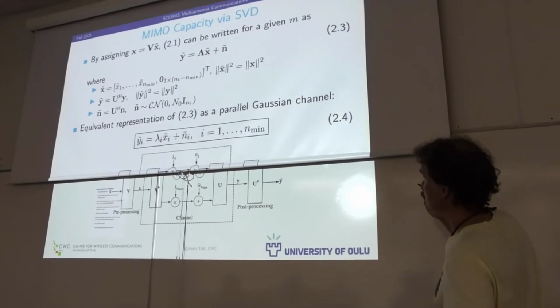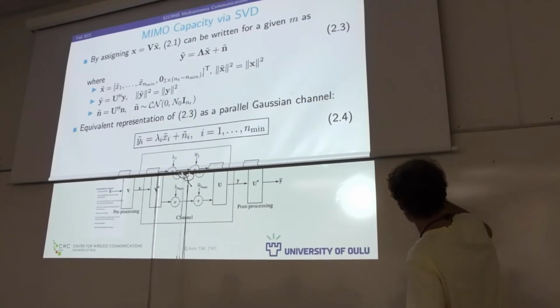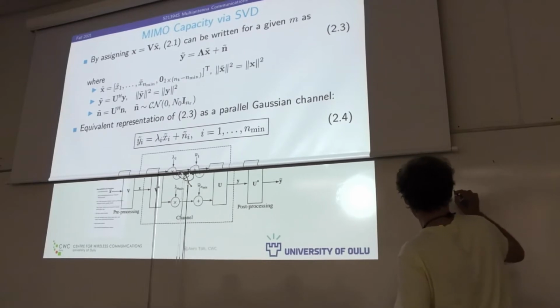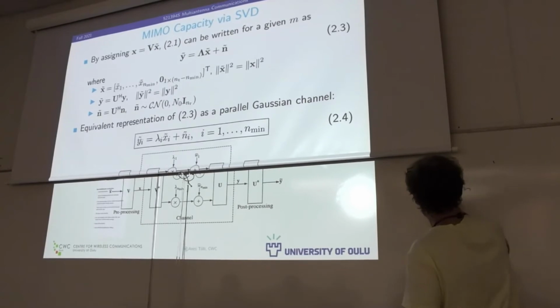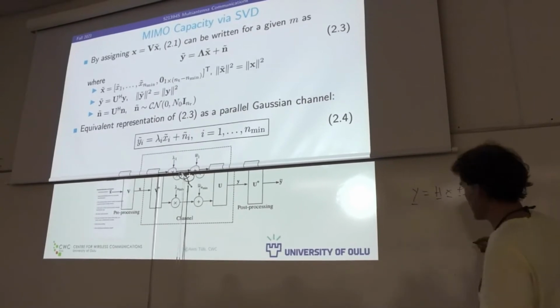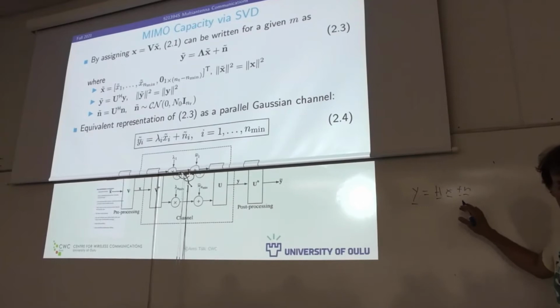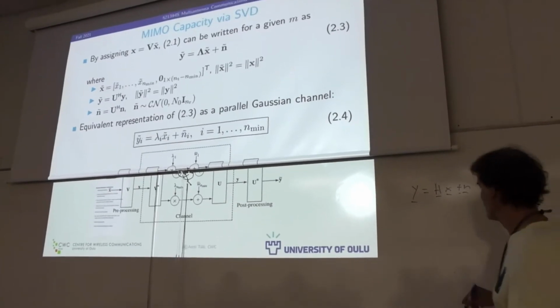And one way to do it is to use SVD, the optimal way. So we can start with the MIMO channel. Is this clearly visible? Okay.